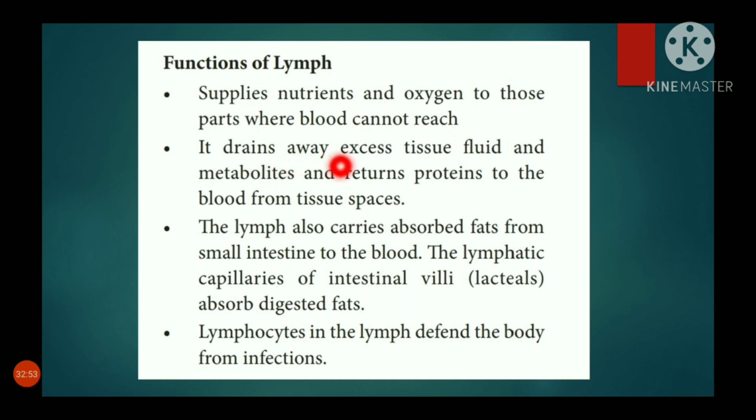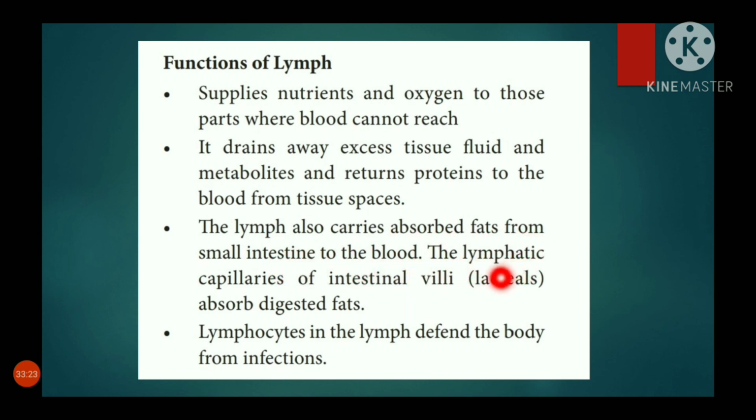It drains away excess tissue fluid and metabolites and returns proteins to the blood from tissue space. If the blood is unable to reach near the tissue space, this lymph will enter and support the metabolic activities by returning a little amount of proteins. The lymph also carries absorbed fats from the small intestine to the blood.